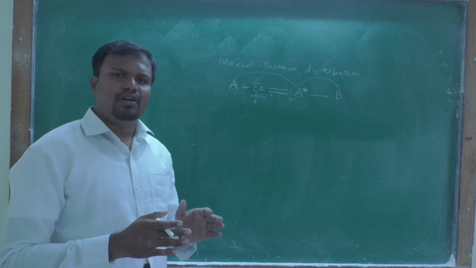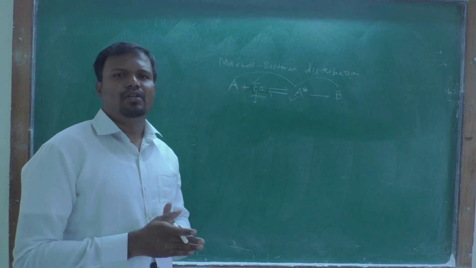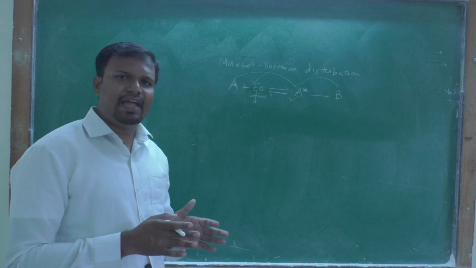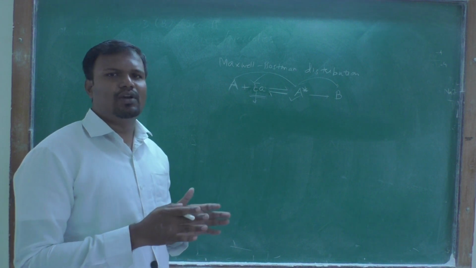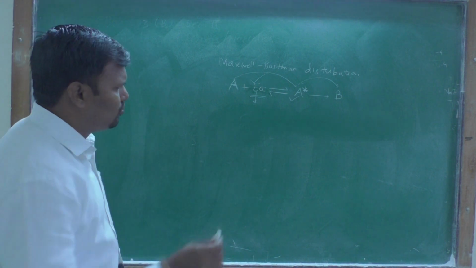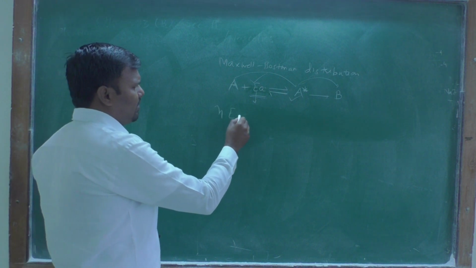How many molecules of the reactants will be activated is given by the Maxwell-Boltzmann distribution. It gives us the number of activated molecules.